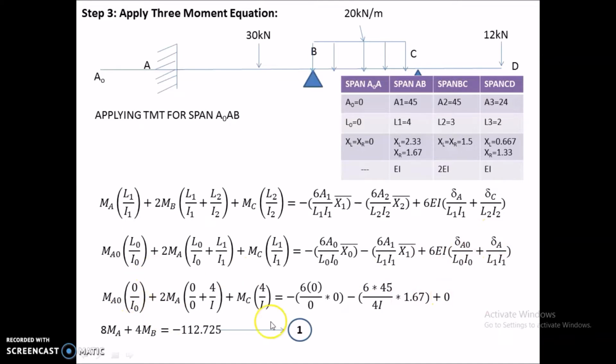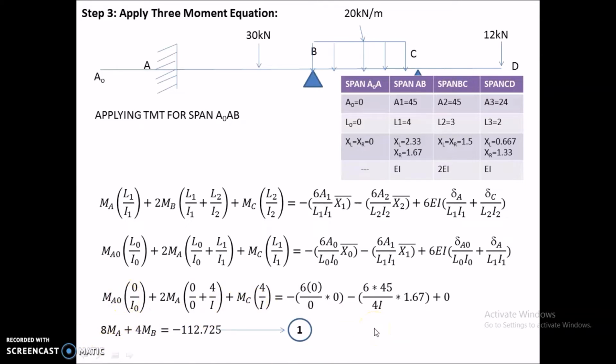Now by calculating these values we will get an equation as 8MA plus 4MB is equal to minus 112.725. The I value here and I value here will get cancelled, and this will be our equation number 1. Again I am repeating, here it is not MC, it is MB. I had made some mistake here, so mark it as MB, and this will be our equation number 1.